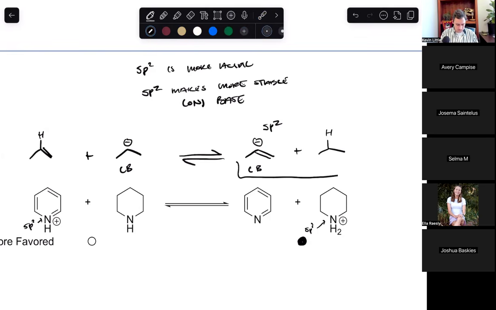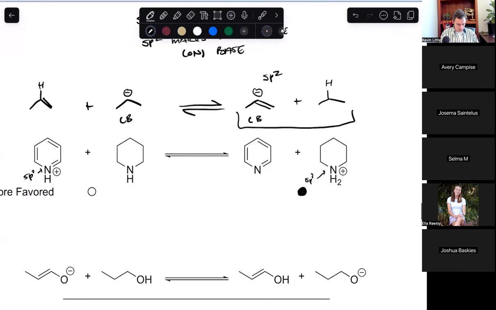So sp2 is a more stable conjugate base than sp3. Does that make sense? Yes, so that one would be favored. So here, the most negative thing on this side of the equation is this. So this is my conjugate base, right? So that's my acid, my conjugate acid, my conjugate base. The conjugate base for this guy is over here.